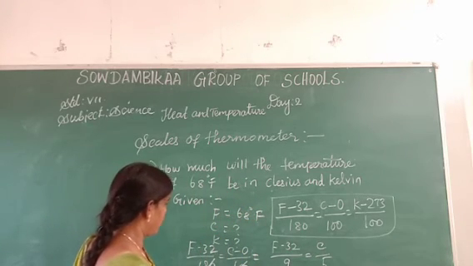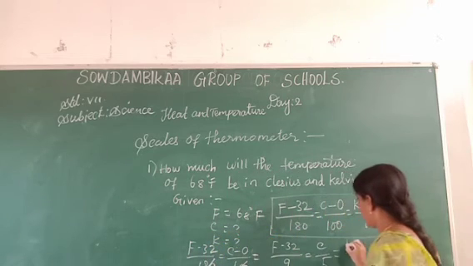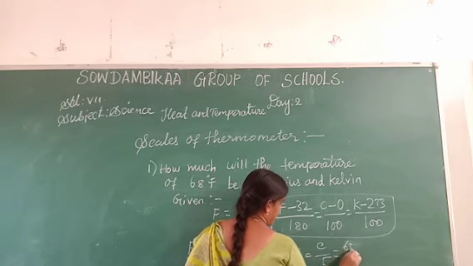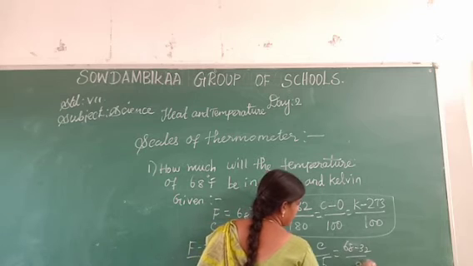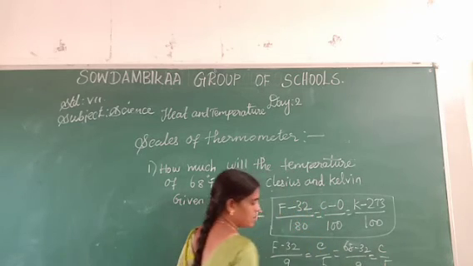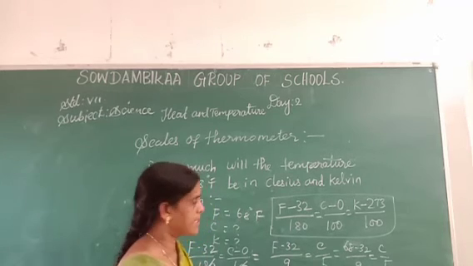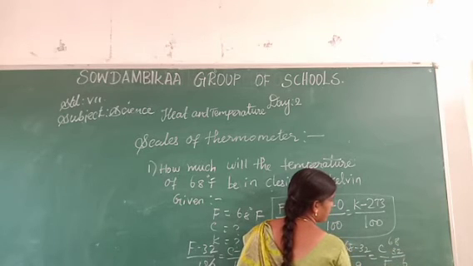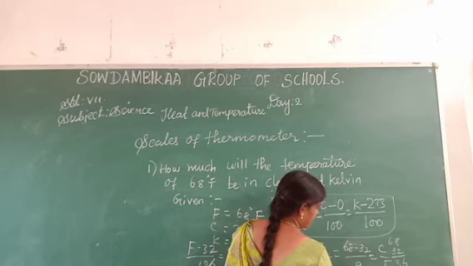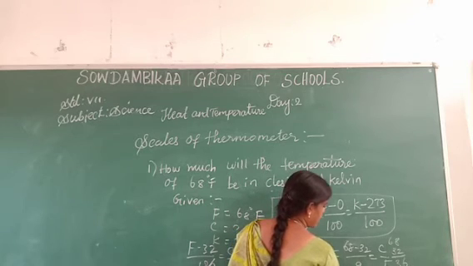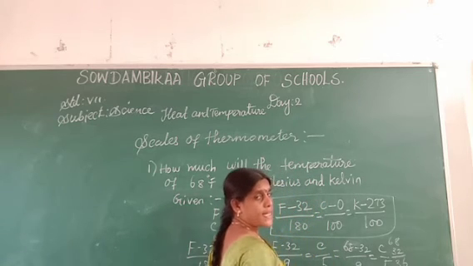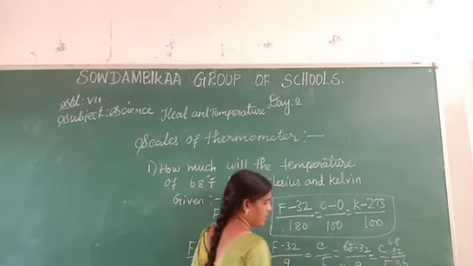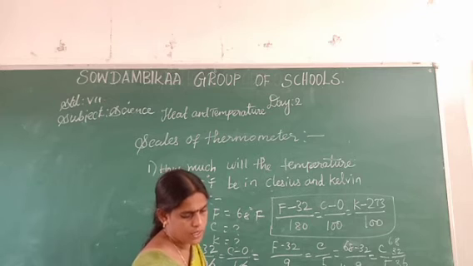Now the F value is 68. 68 minus 32 divided by 9 equals C by 5. 68 minus 32 is 36. 36 by 9 equals C by 5. 4 nines are 36, so cancel this.